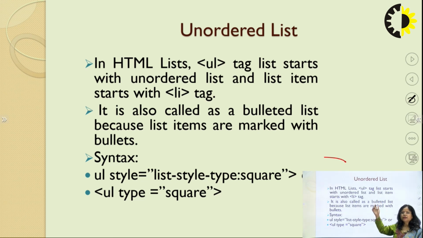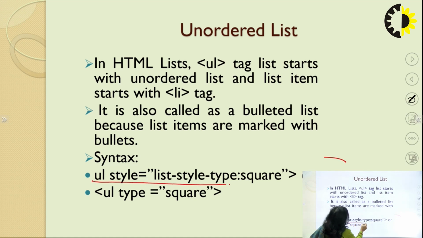So, in HTML the unordered list tag starts with UL and list items start with the li tag. So, syntax is, when we use CSS, we will use this type of syntax: UL style is equal to list-style-type square, or if we are using HTML, then we will use this: UL type is equal to square.